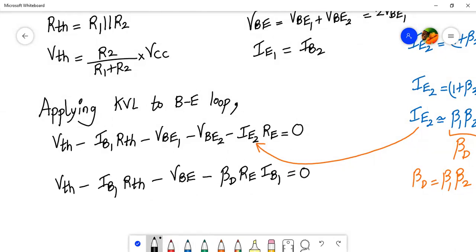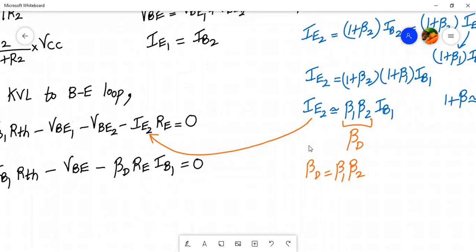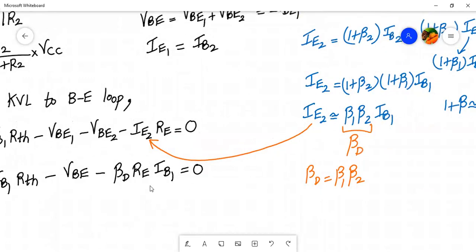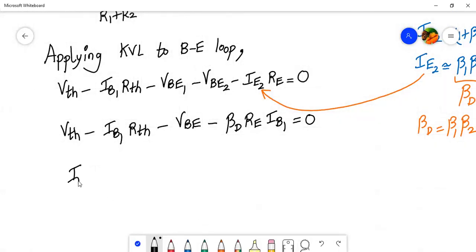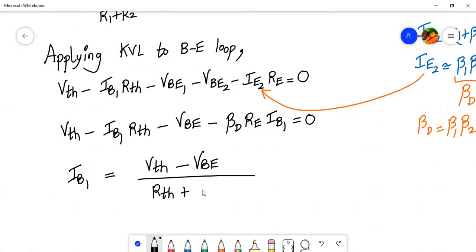We have replaced IE2 by beta D times IB1. Here it is. Okay, fine. And now I can club all the terms of IB1 together. So IB1 will be equal to VTH minus VBE divided by RTH plus beta D times RE.